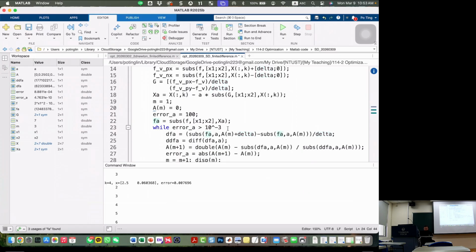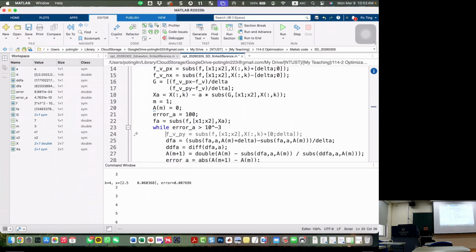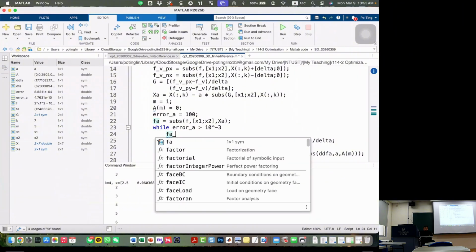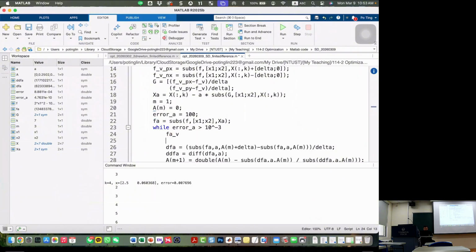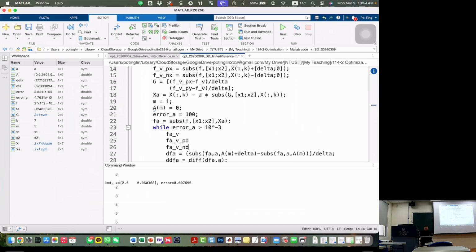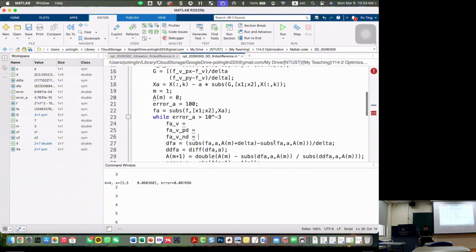And then maybe I should call the FA value with positive delta, and FA value with negative delta. I need these. So let me write it this way.